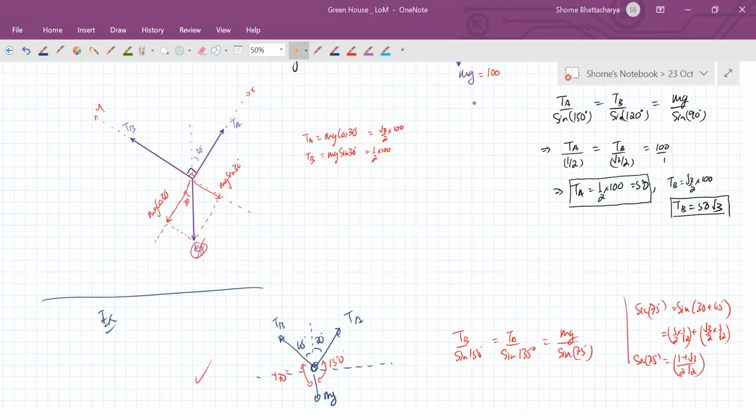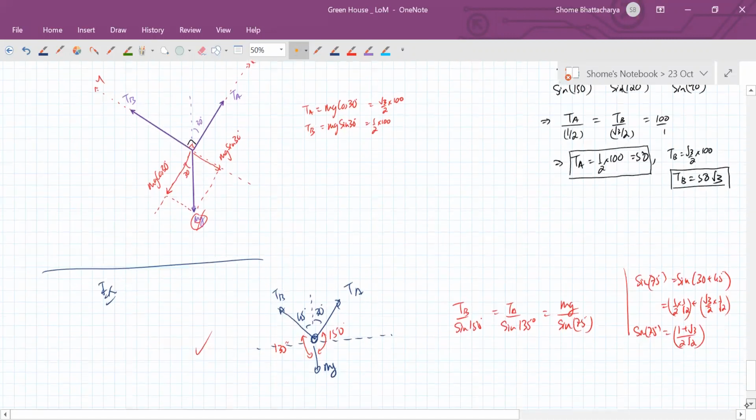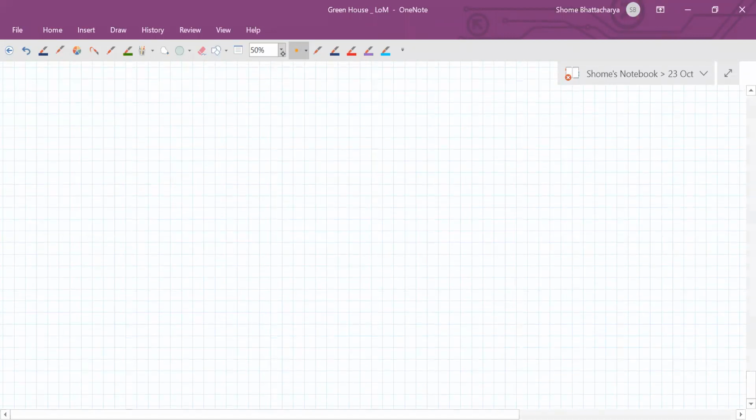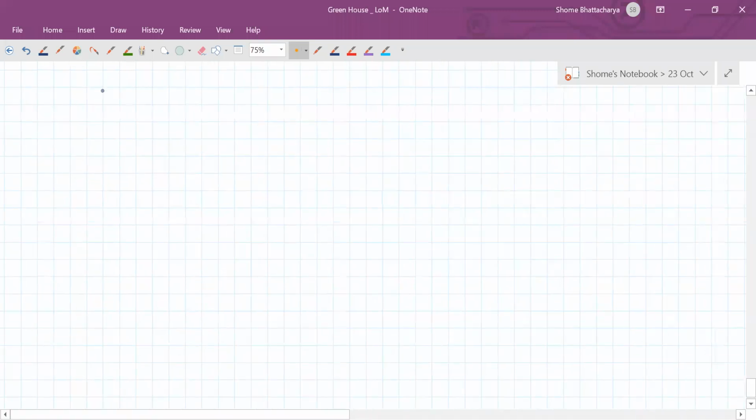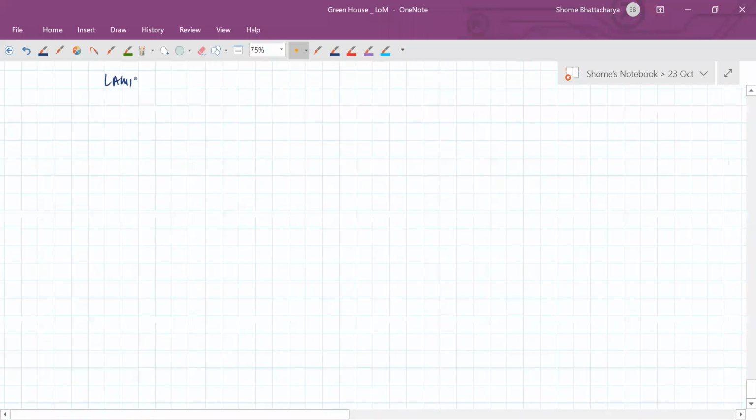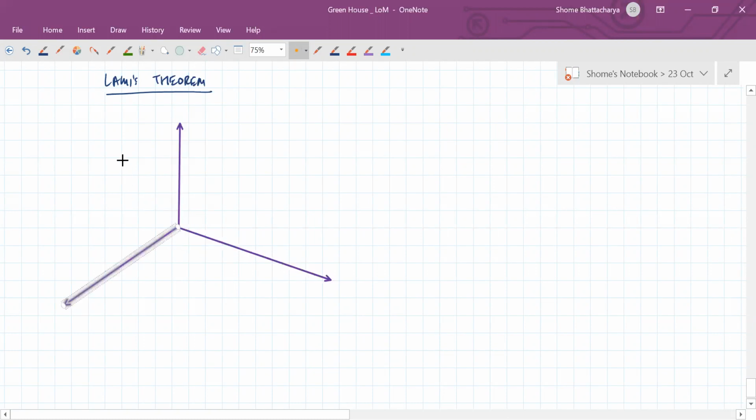Okay. Now let's look at a quick proof of Lami's theorem. Suppose the sum of these three vectors is 0.